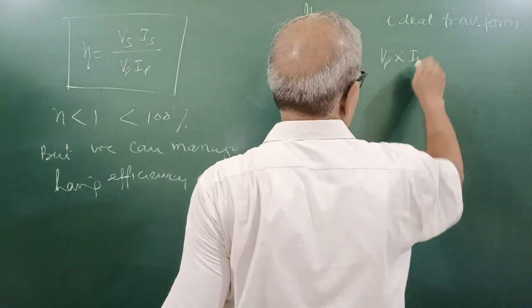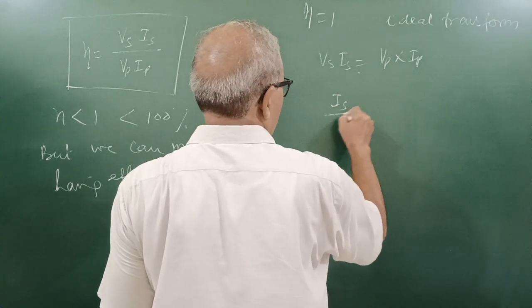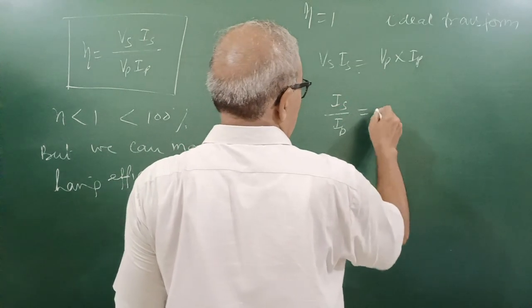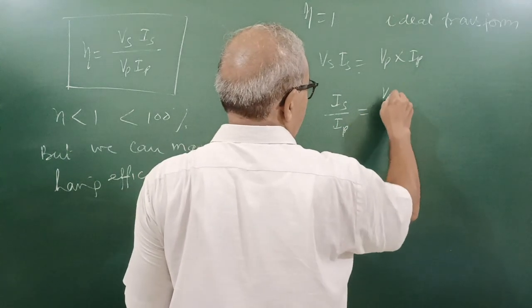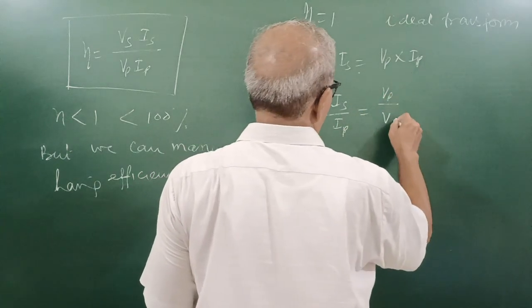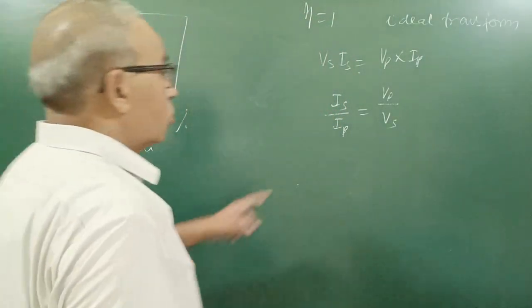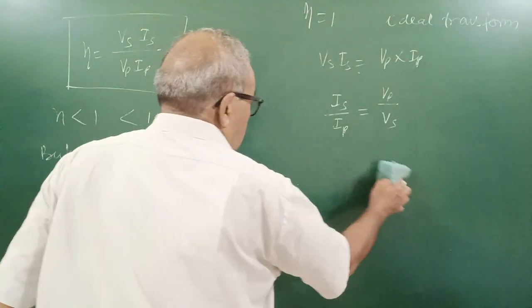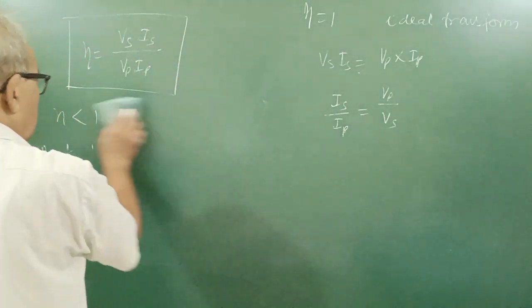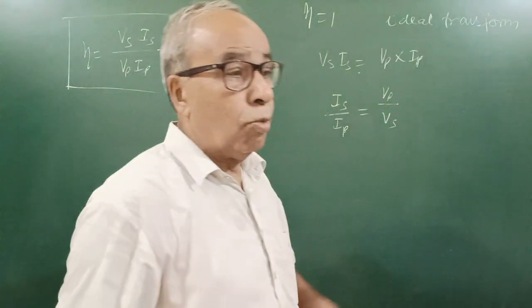or here IS upon IP is equal to VP upon VS. In a step down transformer, the primary coil has more voltage.